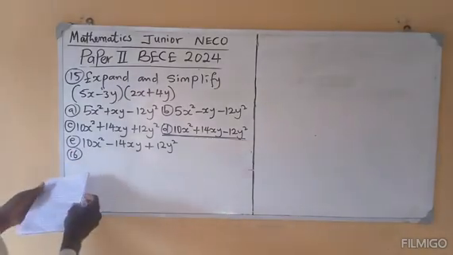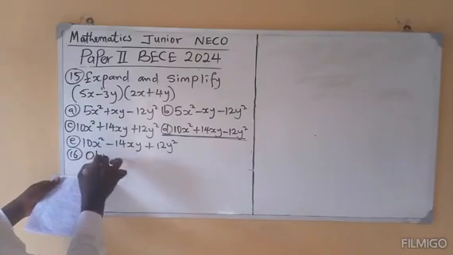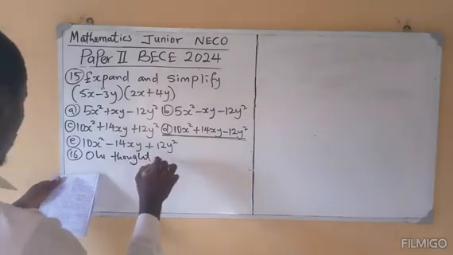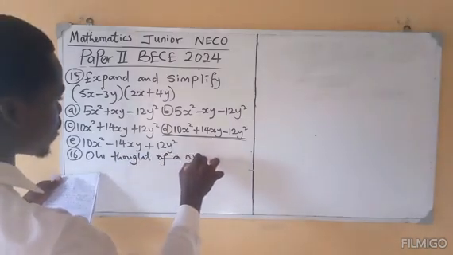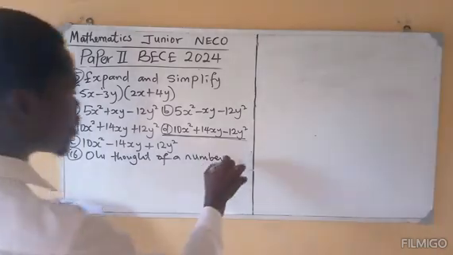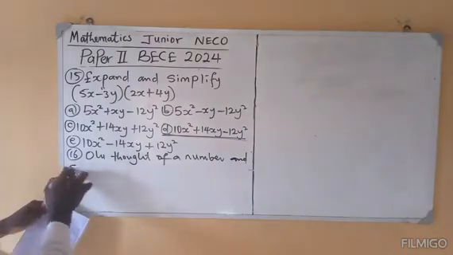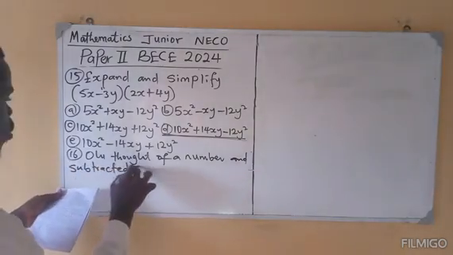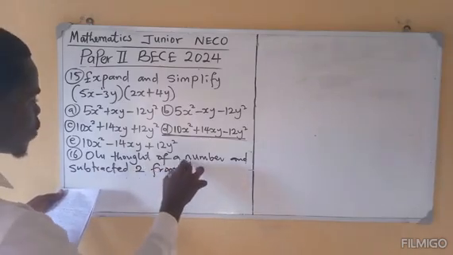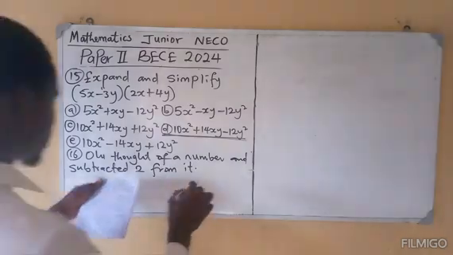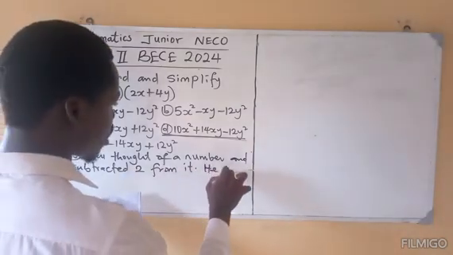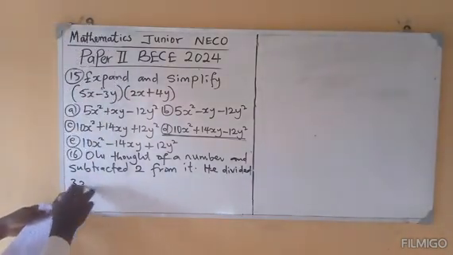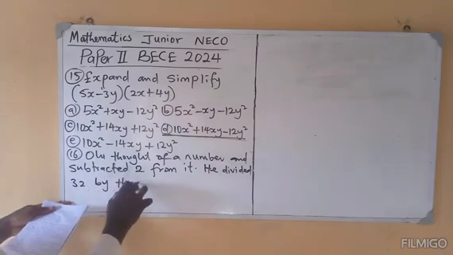Question number 16 says, Olu thought of a number and subtracted 2 from it. He divided 32 by the result.